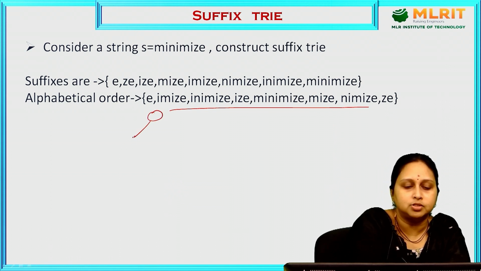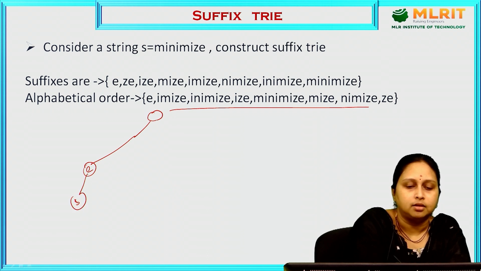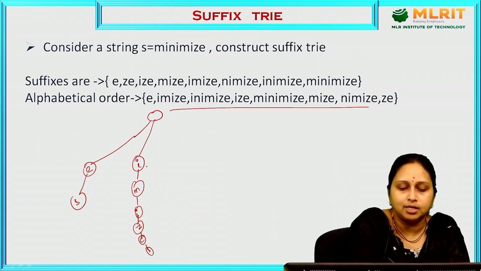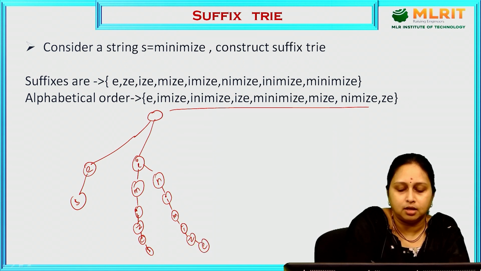First what you are going to get? You are going to get E and dollar. Then you are going to have I, M. Individually we are going to represent for the suffix trie, right? Z and then E and represent with a dollar. And for I, from I itself it is starting, right? N, I, M, I, Z, E and dollar.